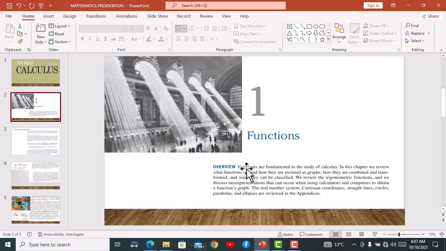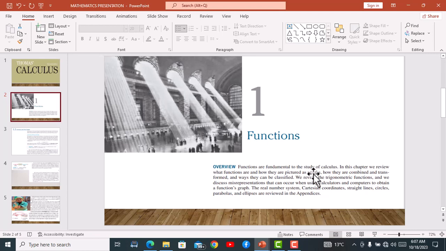So in the overview, he says that functions are fundamental to the study of calculus, so they play a very significant role. You cannot separate functions from calculus, they are inseparable. In this chapter, we review what functions are and how they are pictured as graphs. This is basically saying that a function is a relationship.